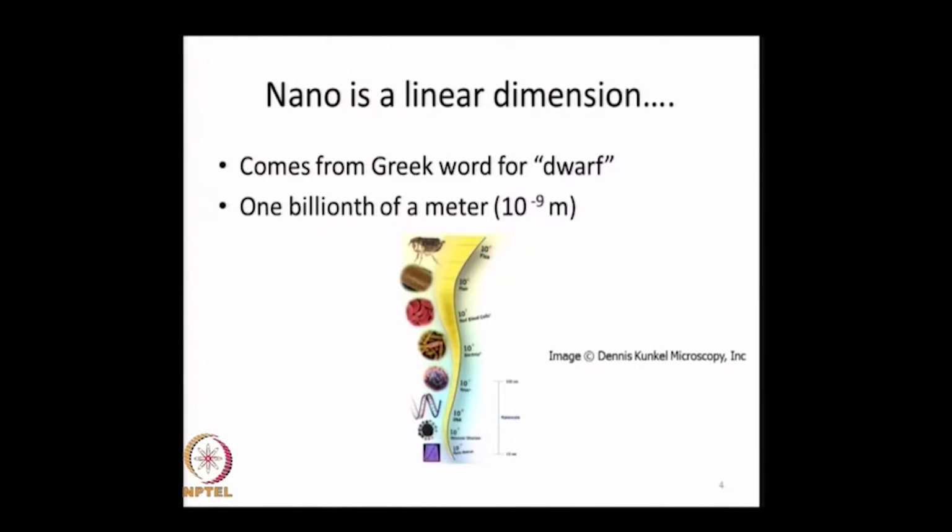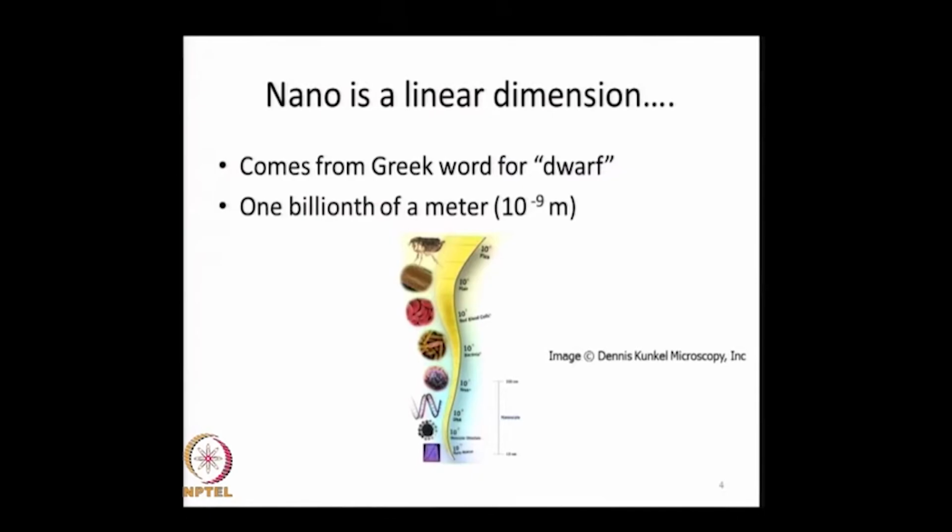that we encounter in life and look at their dimensions, a common insect like a flea is roughly 10 to the power minus 3 meters in length. The human hair 10 to the power minus 4 meters, blood cells 10 to the power minus 5, bacteria 10 to the power minus 6, viruses are 10 to the power minus 7, DNA is 10 to the power minus 8, molecular structures are 10 to the power minus 9, and so on.